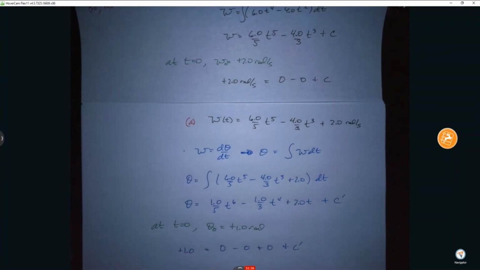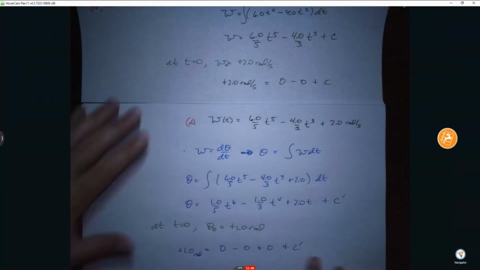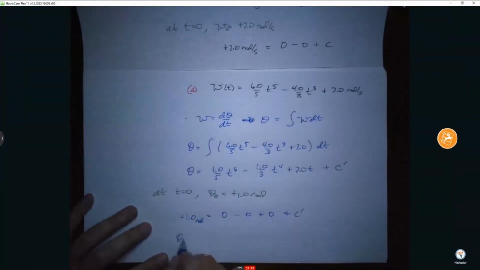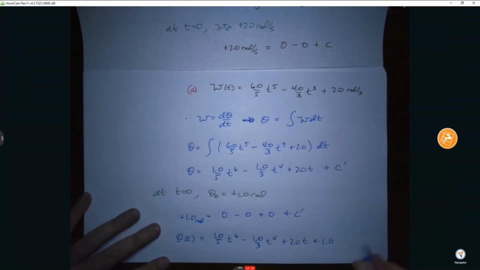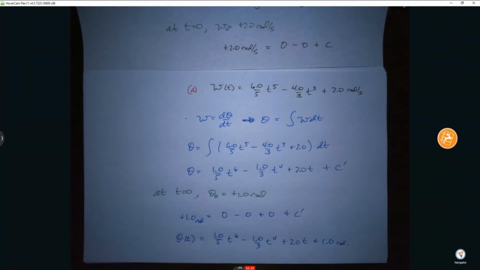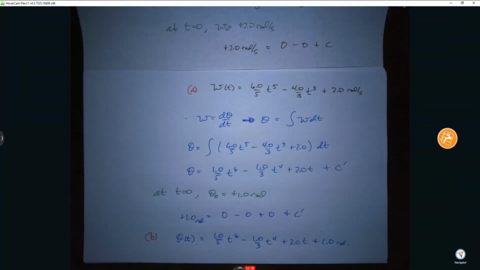We can put that in and rewrite theta as a function of time: 1 divided by 5 t to the 6th minus 1 divided by 3 times t to the 4th plus 2t plus 1. And this is just in radians, I guess. And so there we go. This was our angular position as a function of time.